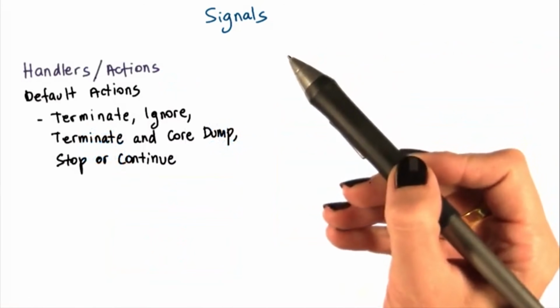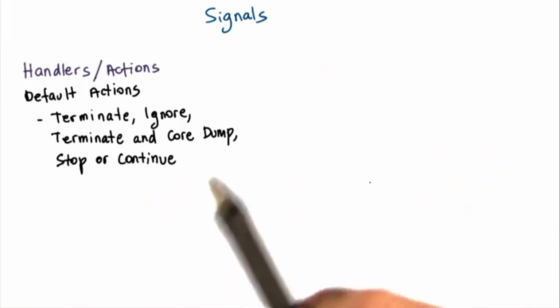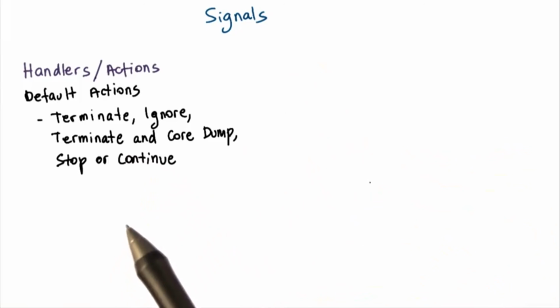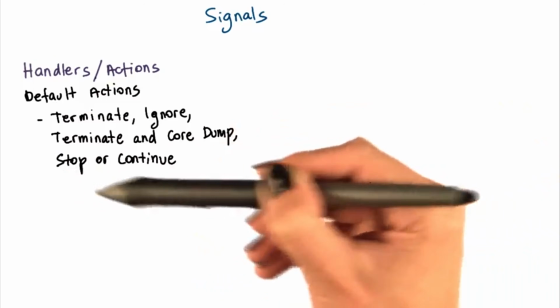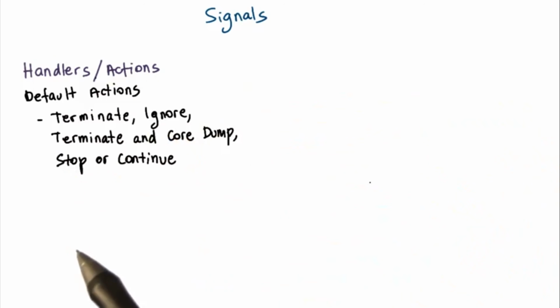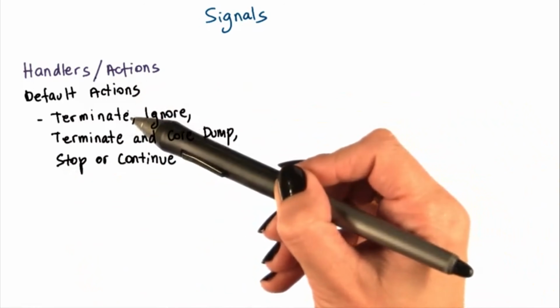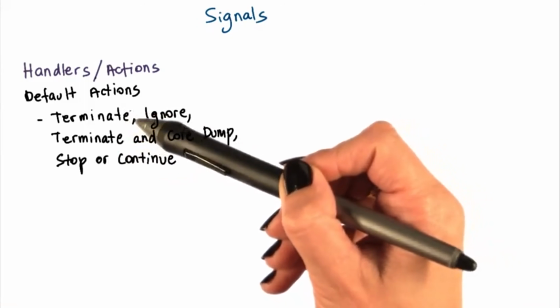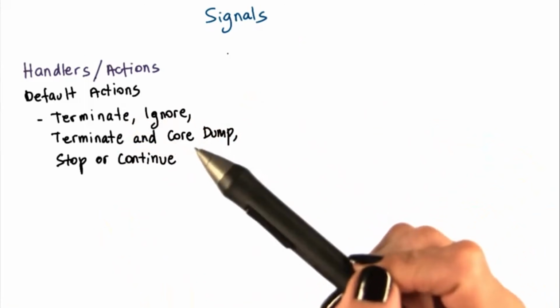A little more on signals now. The reason we said that a process may specify how a signal should be handled is because the operating system actually specifies some default actions for handling signals. For instance, a default action for a signal could be that when that signal occurs, the process should be terminated. Or maybe that the signal should simply be ignored.